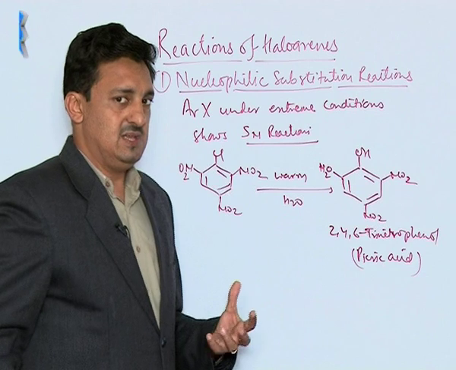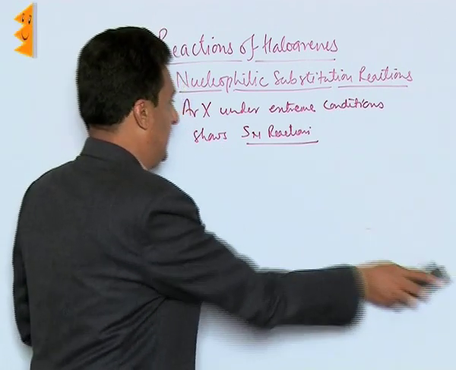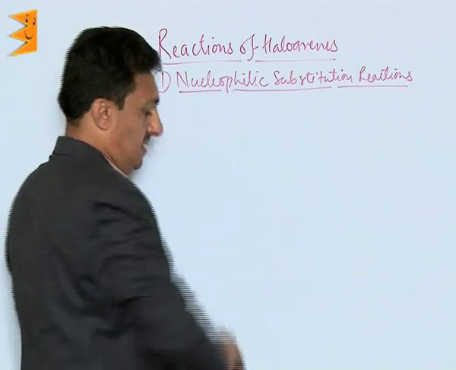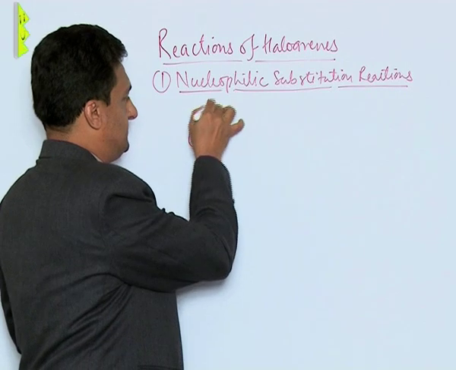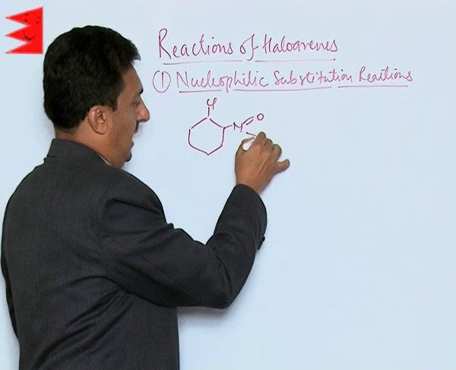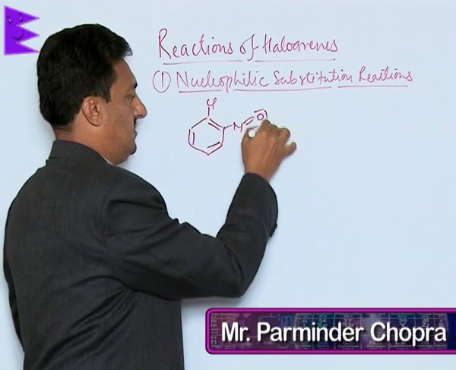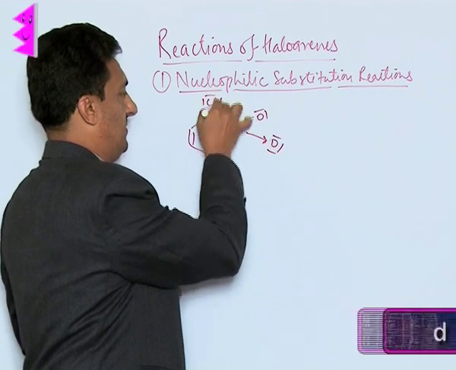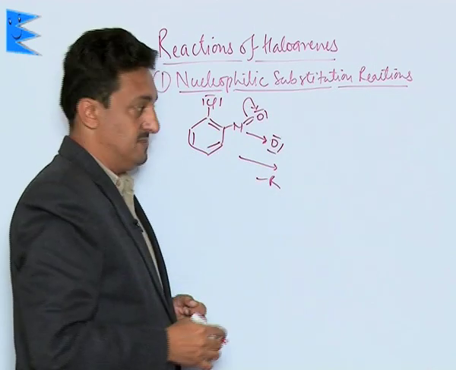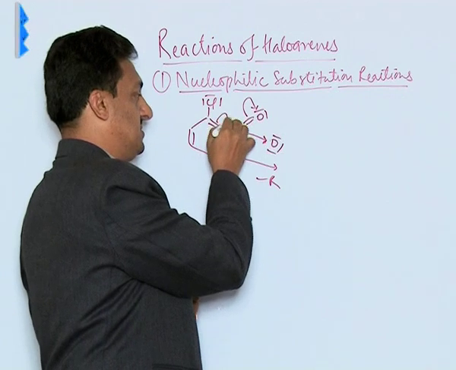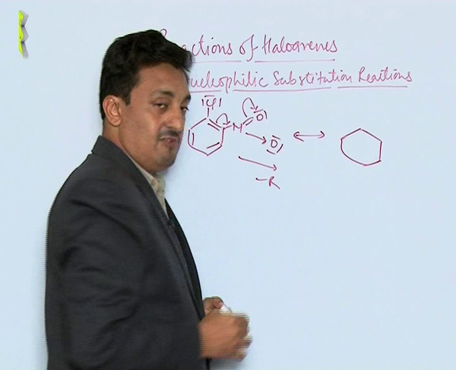What is the reason? The reason is, let me explain it to you with the help of those resonating structures. Suppose we are having a nitro group like this at ortho position, these are the lone pairs, what happens is nitro group shows minus R effect. Now due to minus R effect, positive charge is created on the benzene ring.